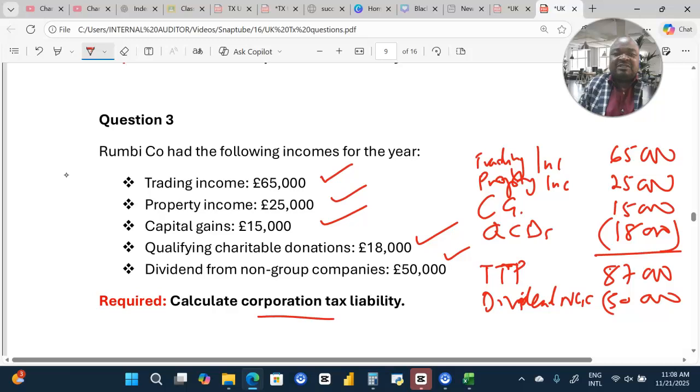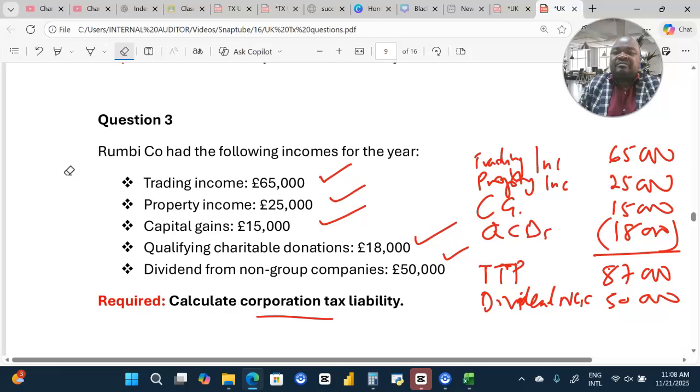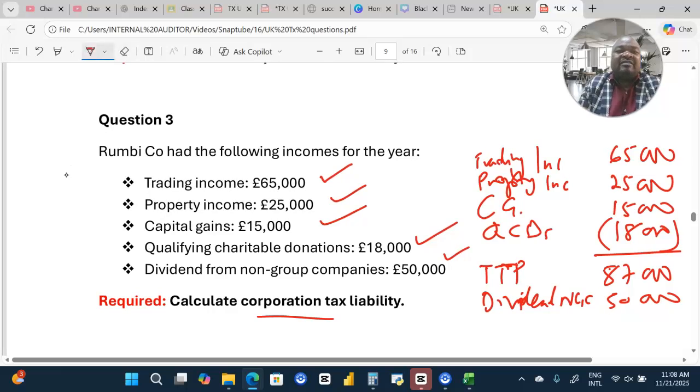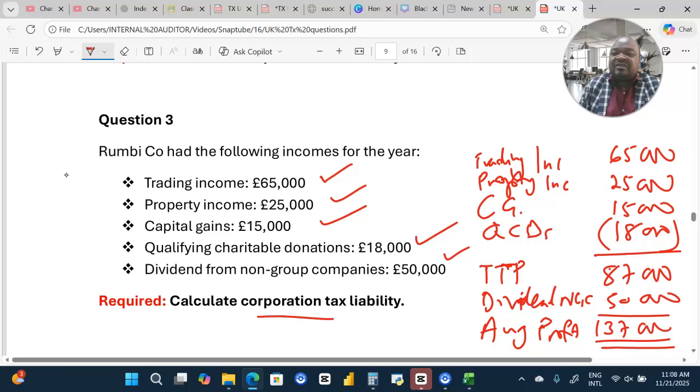We are increasing the profits to come to the augmented profits. So it comes to 137,000.